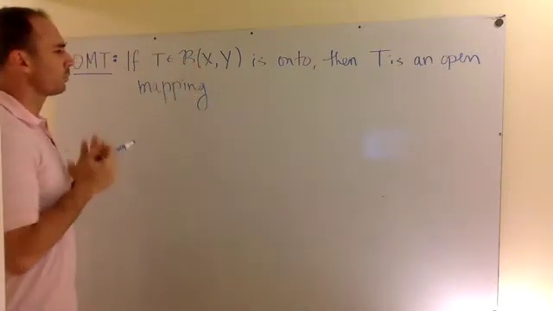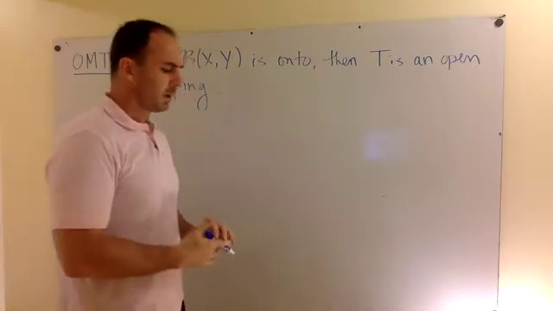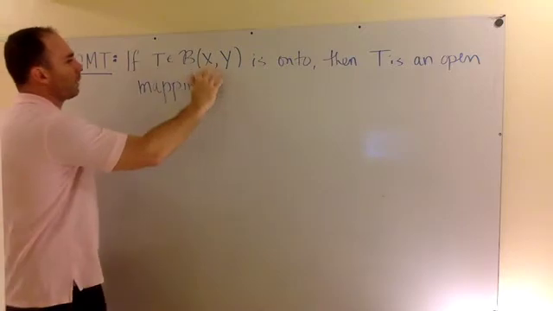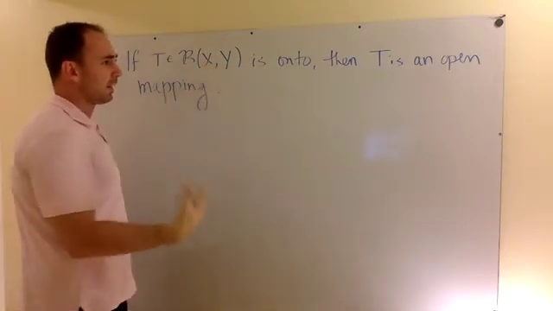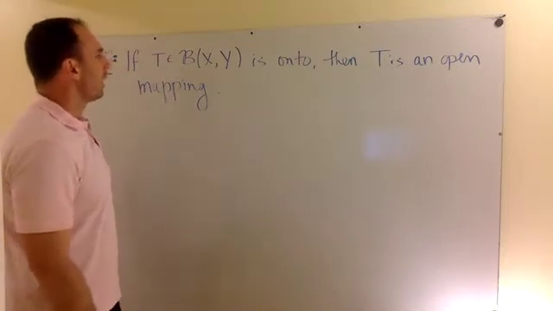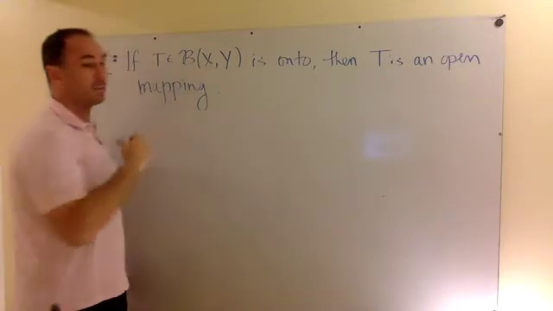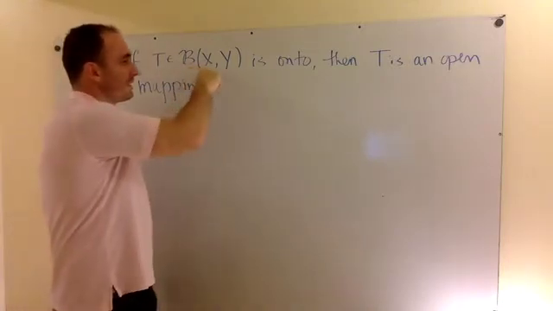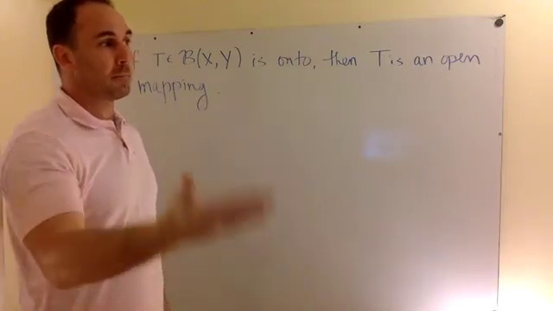Recall that the open mapping theorem, what it says, we talked a little bit about it yesterday, is that if I have a bounded operator, and by the way, these are Banach spaces. I didn't write Banach spaces, but we're working in Banach spaces from this point on. If this guy is onto, then T is an open mapping. That means T takes open sets in X to open sets in Y. What this does is it gives us information about the inverse.